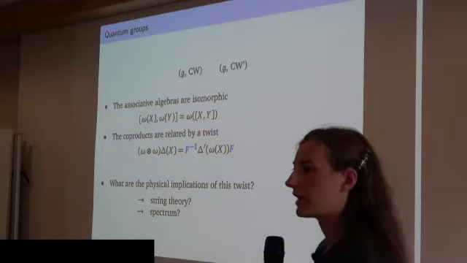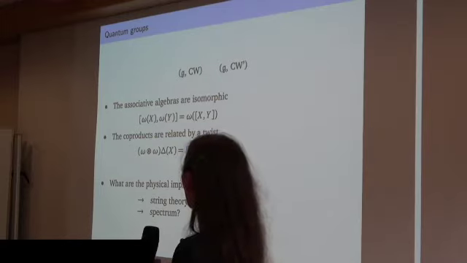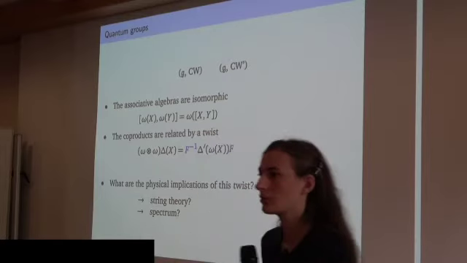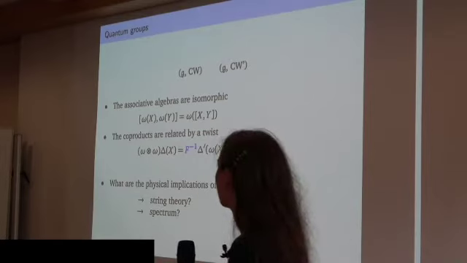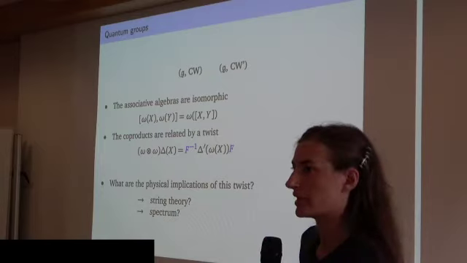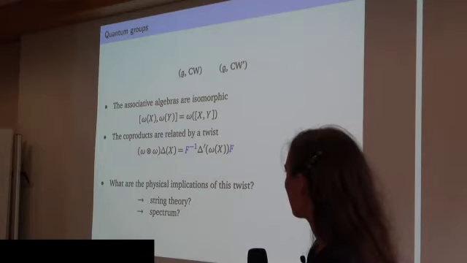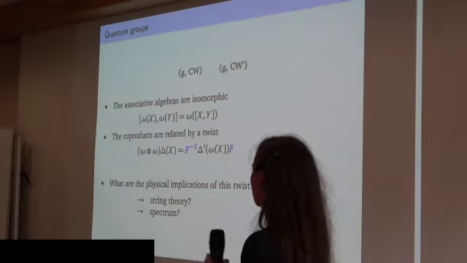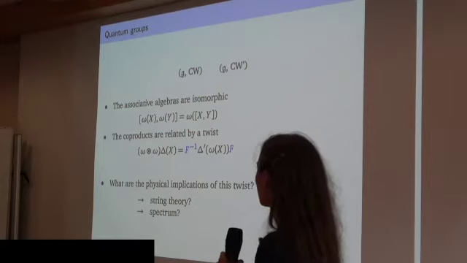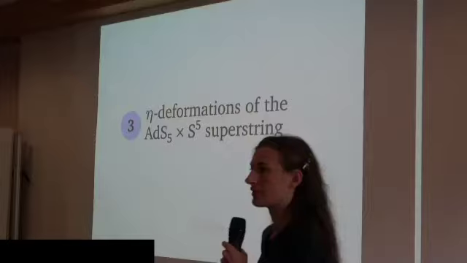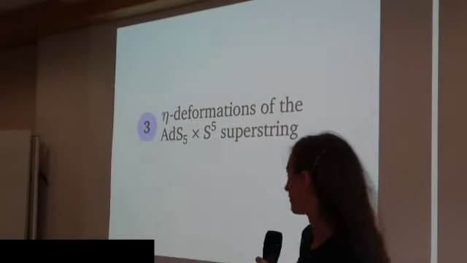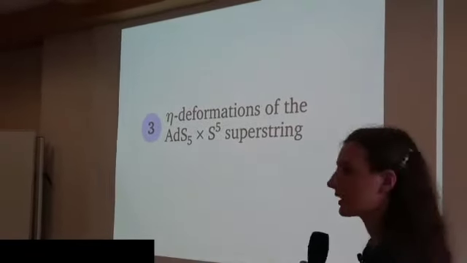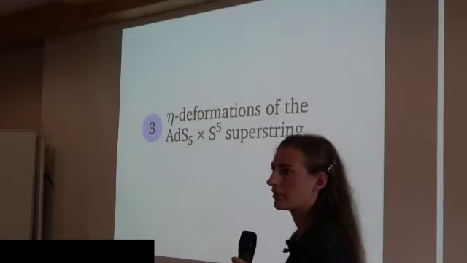Another question is whether the physical quantities that you compute are affected by the presence of this twist. I will now answer those questions in the context of superstrings. So I consider ETH deformations of the AdS5 x S5 superstring, but maybe there are some questions before.